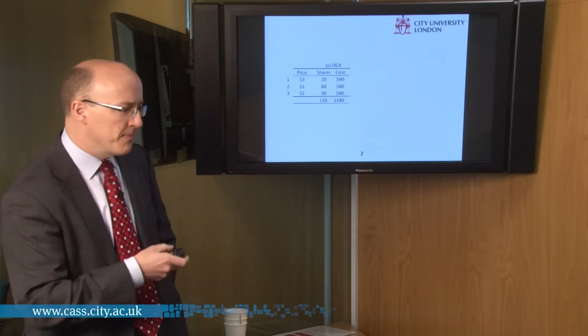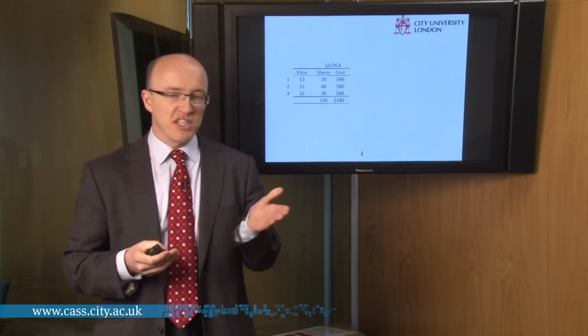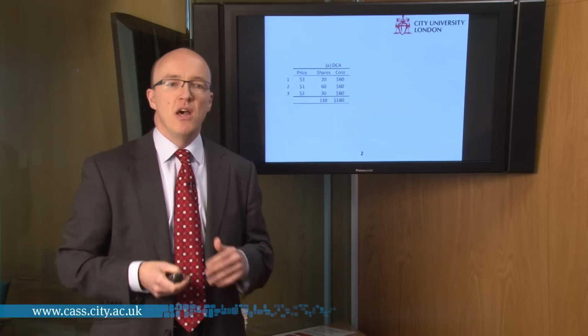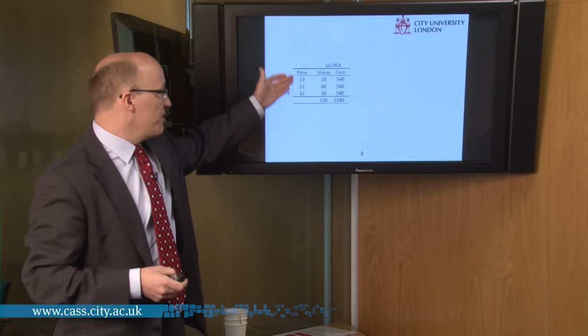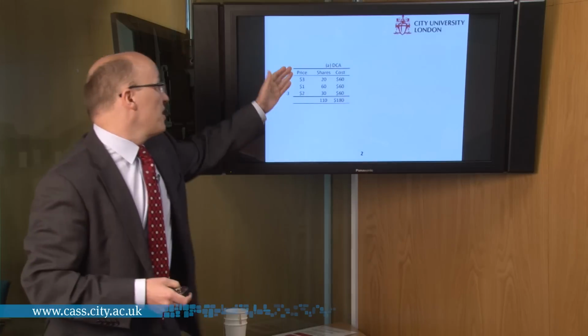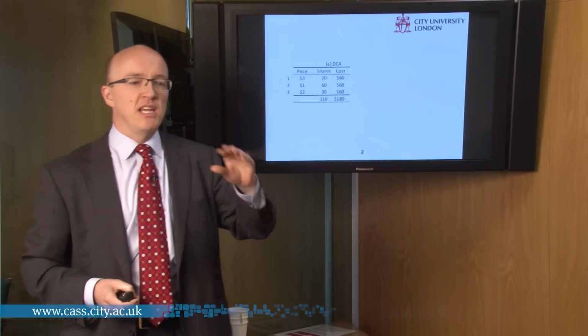Here's an example. The dollar cost averaging strategy is investing $60 each period, just over 3 periods. Over this period, we've got the price of these shares fluctuating massively. This is just a particular example I've chosen to make the arithmetic easy. Trust me, it doesn't matter what numbers I choose.